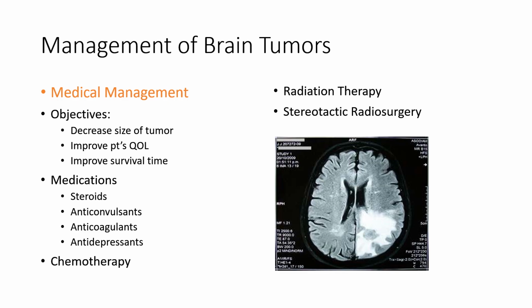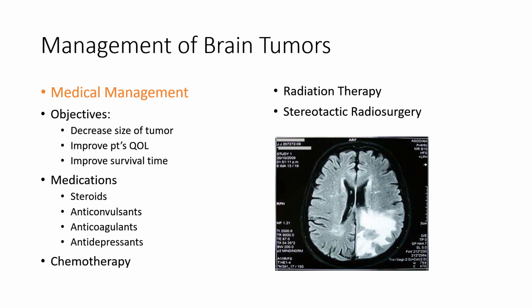They may have anticonvulsants to prevent or control seizures if they're having seizures. They may have anticoagulants, and these would be used to prevent deep vein thrombosis if they are inactive. And they may need antidepressants to improve their cognition and help them to cope during their treatment.